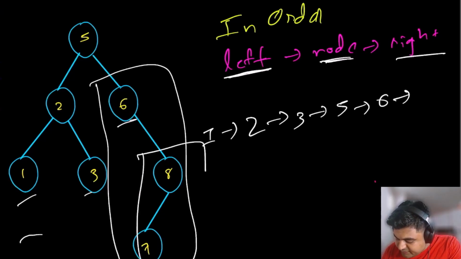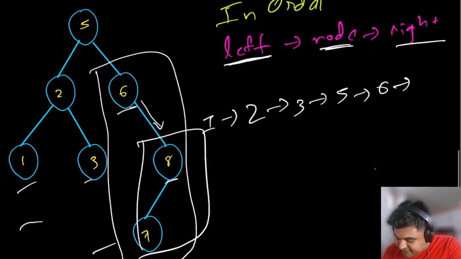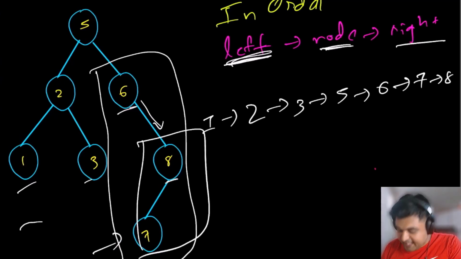Then again, for these two nodes present in the right side of the subtree, we are going to repeat the same thing. Before visiting node number 8, since node number 8 has the value number 7 on its left side, we are going to visit node number 7 first, and node number 8 in the end. And then we would have visited all the nodes in the in-order traversal.